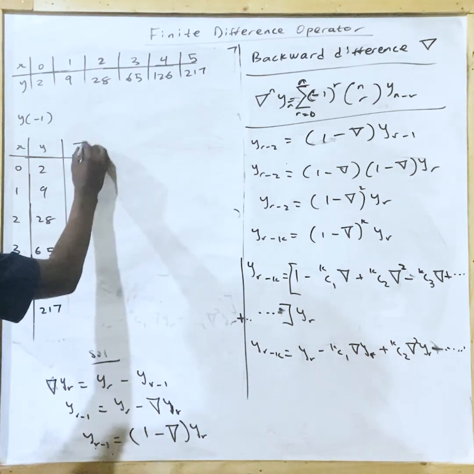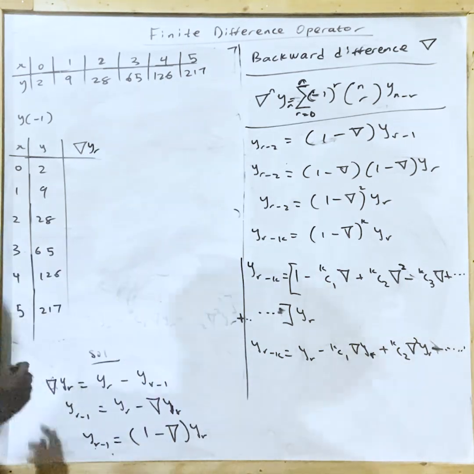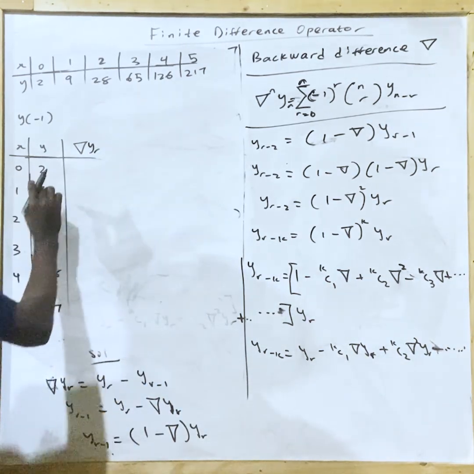Your backward difference of y is going to be this minus this.